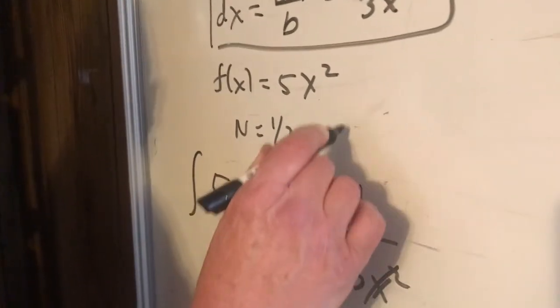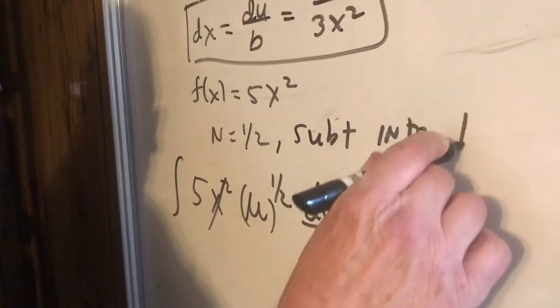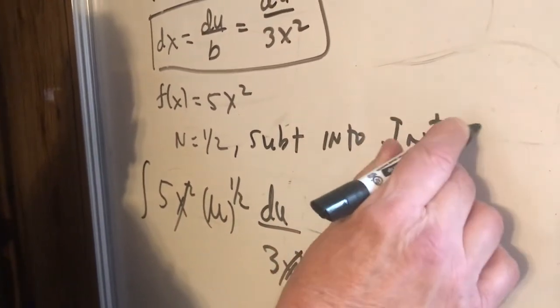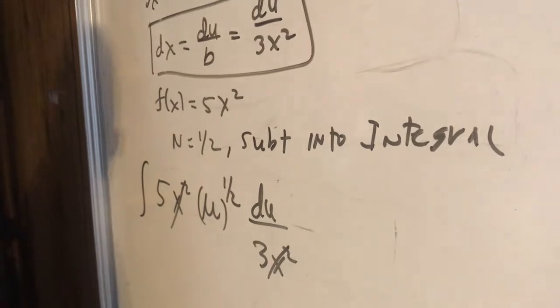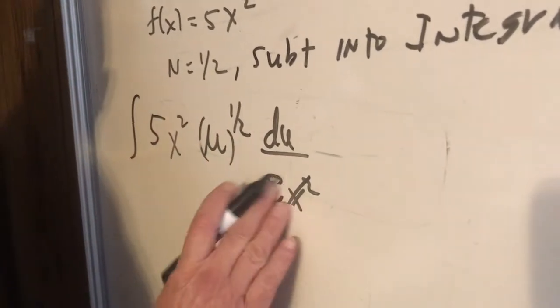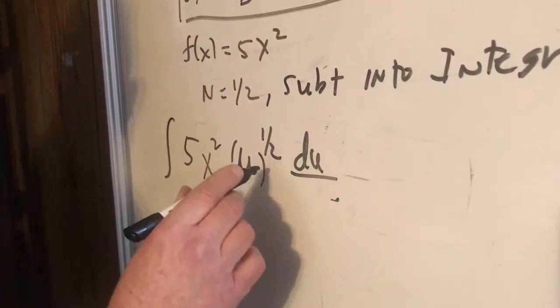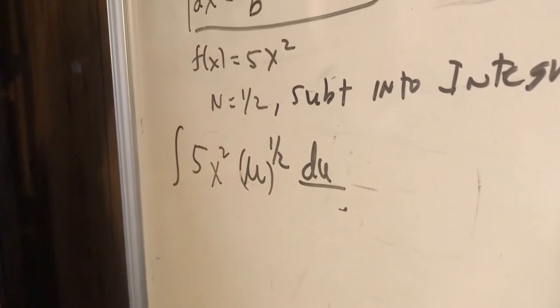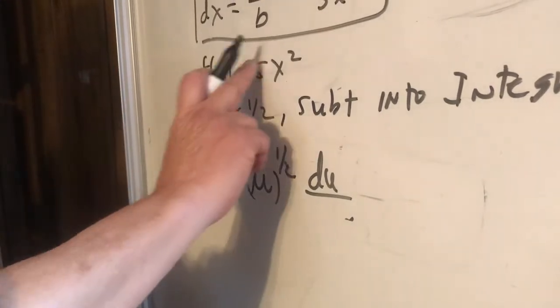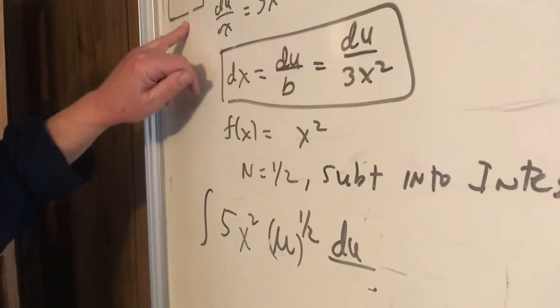Now we're going to substitute into the integral. So I got x squared, which stays there. Actually, in this case, a is 5 because I defined a as 5.